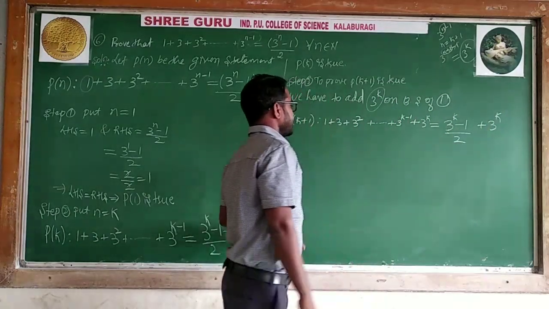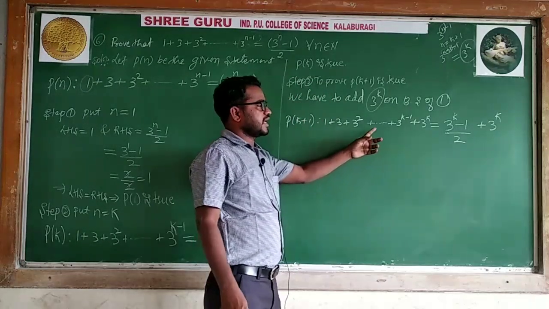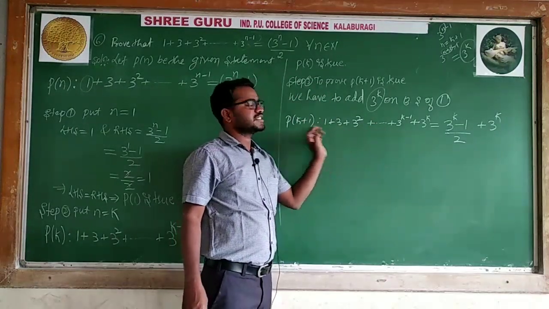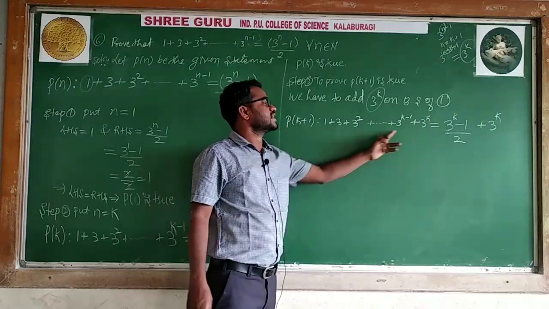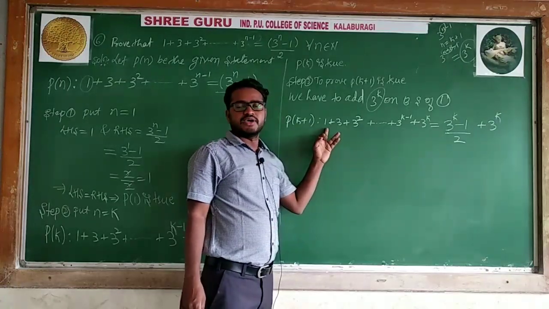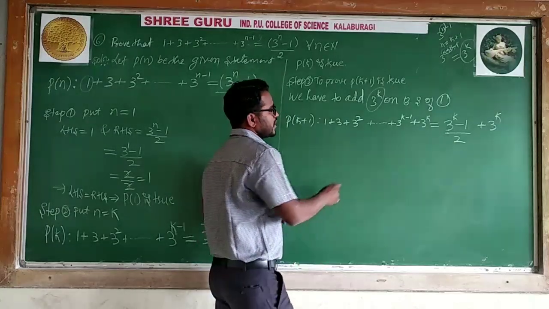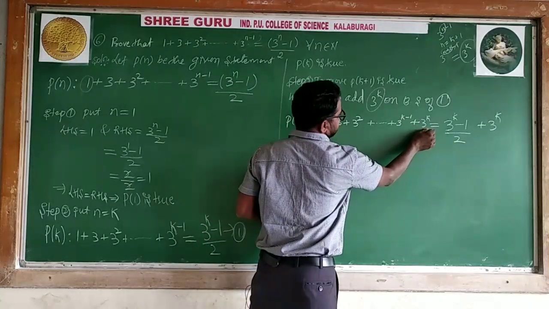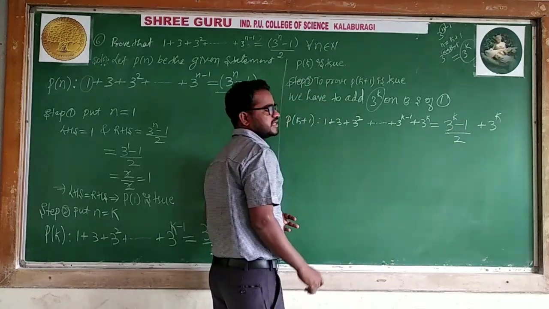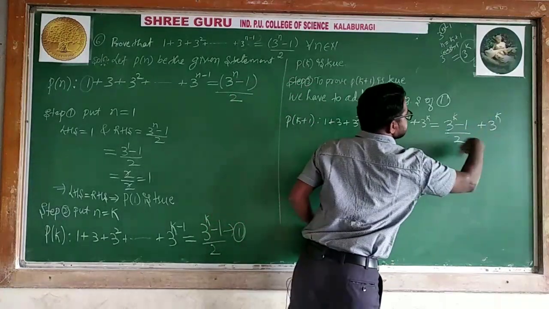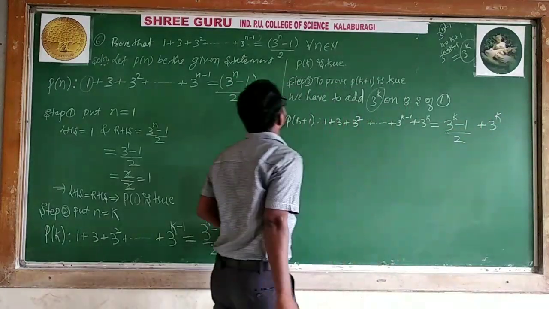Listen to me. After adding this 3 to the power k on both the sides, LHS is over. Don't simplify LHS. LHS is already the long form, the addition of the terms. So we added an extra term there, and on the right side also we added the extra term. Means we have to simplify this. After simplification, what do we need to get?